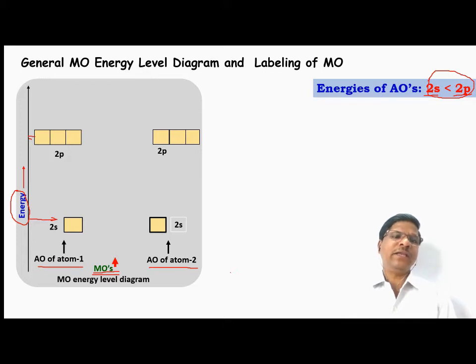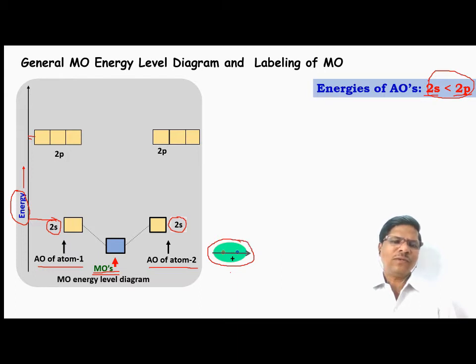Okay, so we have the atomic orbitals, and these atomic orbitals will result in the formation of the molecular orbitals. So the 2s atomic orbital of one atom will interact with the 2s atomic orbital of the other, and in phase interaction will result in the formation of the sigma bonding molecular orbital.